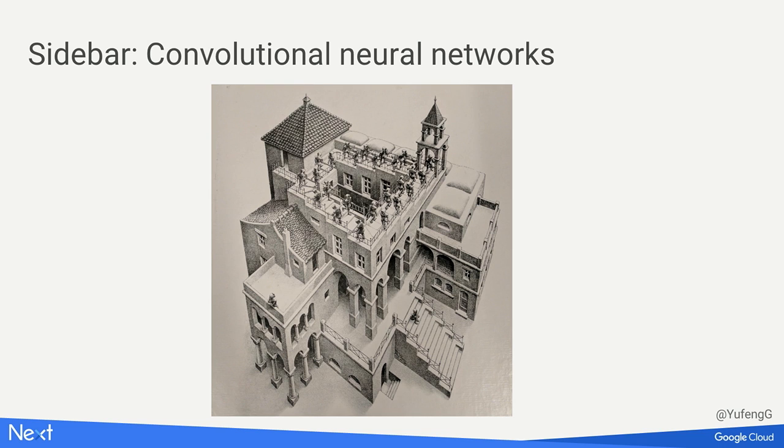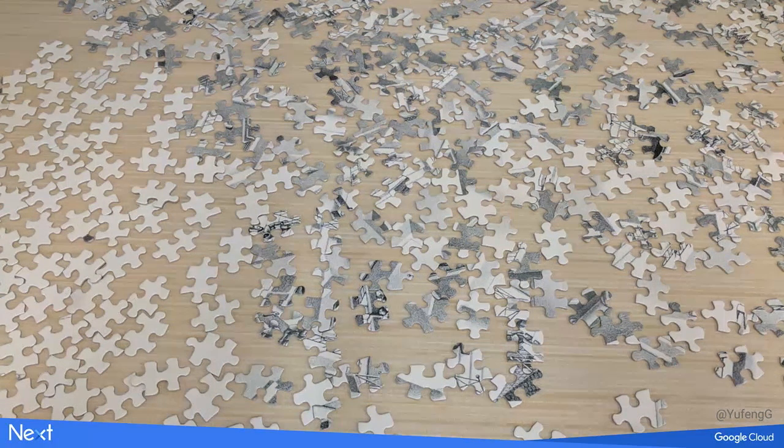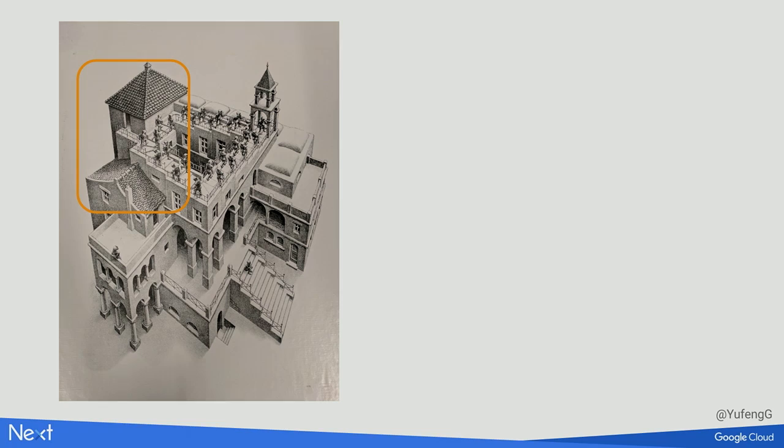Right? This one was a real pain because on the edges there's a lot of white space, and those pieces take forever to put together. So you separate those out and you say, well, I know that the white stuff is like that, and then the rest, well, that's a jumble. That's what a jigsaw puzzle is. But wait, the roofs that are in this painting are a very distinctive pattern. And so I can use that to my advantage.